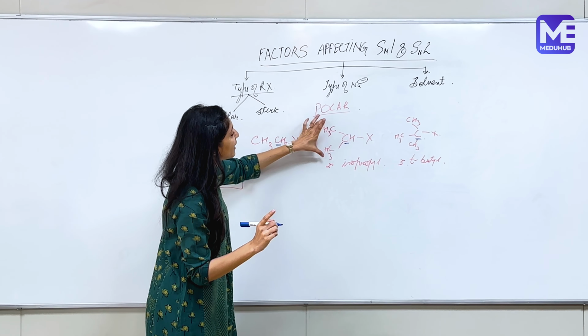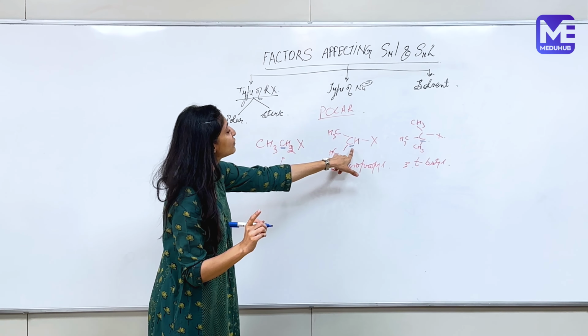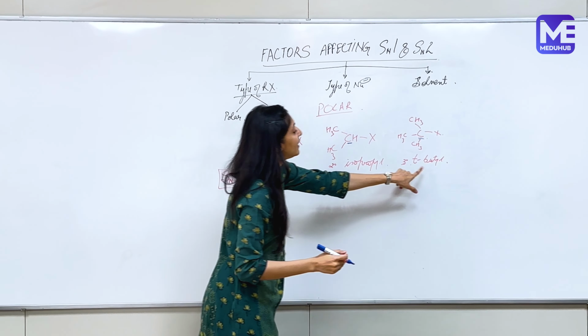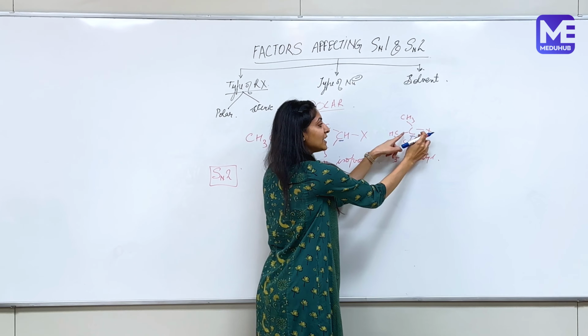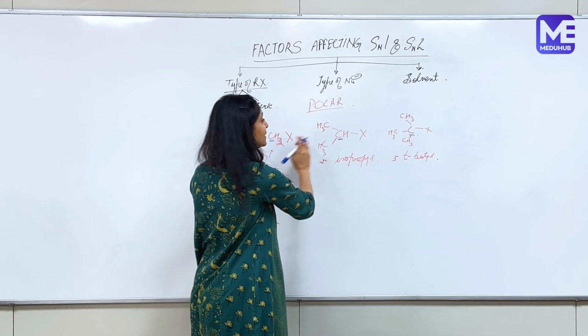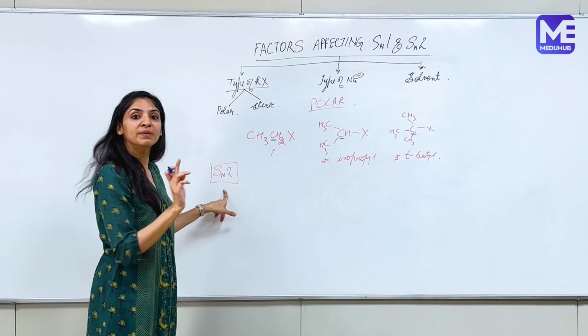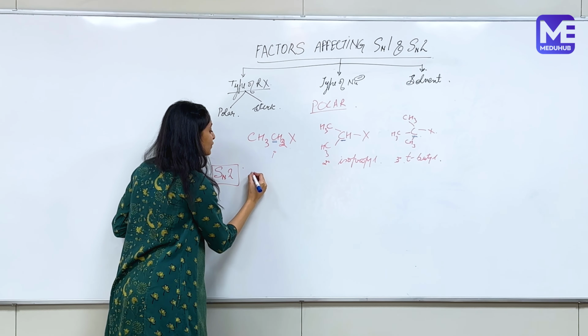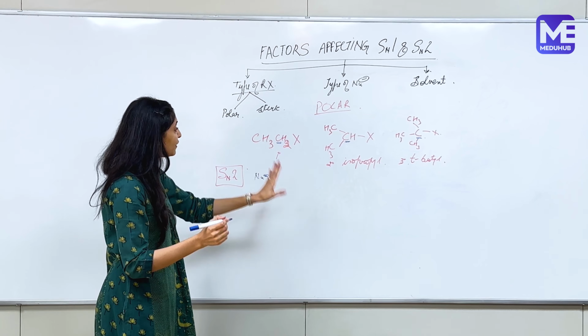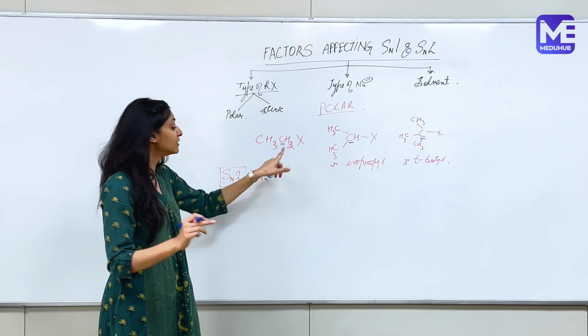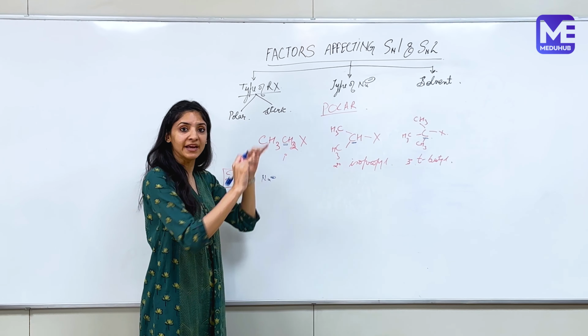In isopropyl there are 2 CH3 groups, so the electron density of the alpha carbon will be more. In tertiary butyl there are 3 CH3 groups and the electron density on this alpha carbon will be the maximum out of these 3. When the Sn2 mechanism is taking place, the nucleophile directly attacks the alpha carbon. If the alpha carbon is electron rich, the attack by this nucleophile will be hindered.